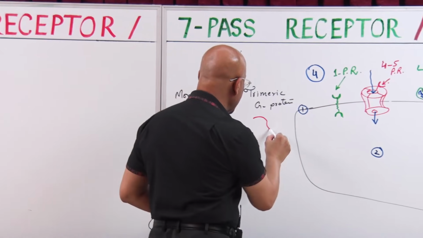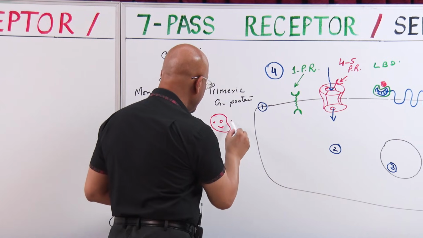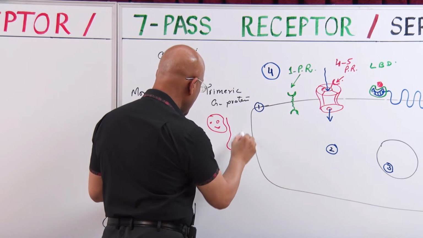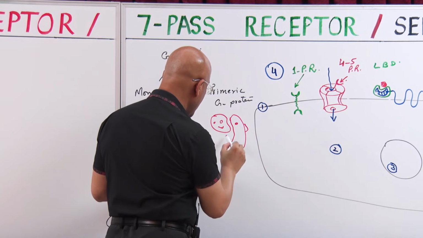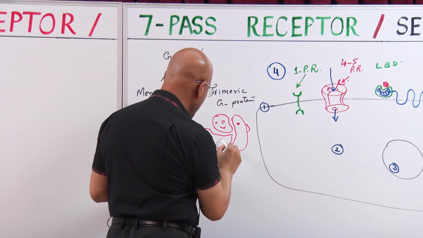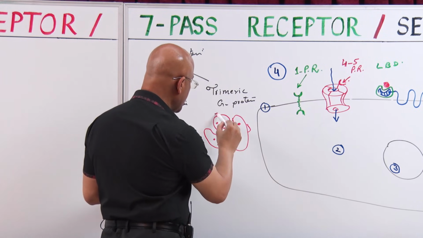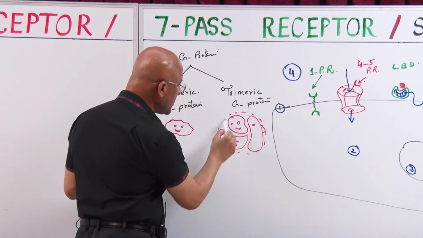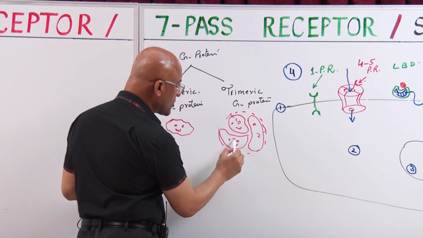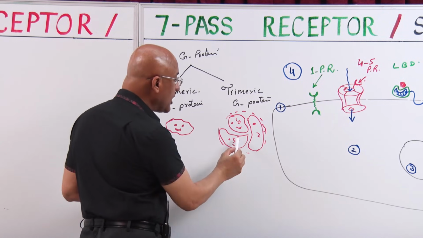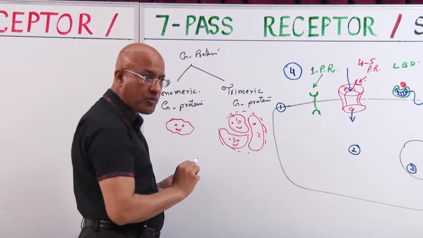But if a G protein has 3 peptides, 1, 2 and 3, all of them together, we call it a trimeric G protein.